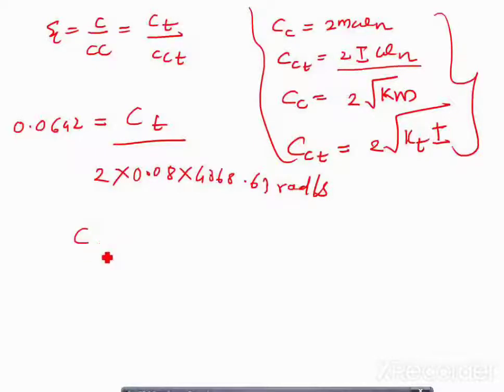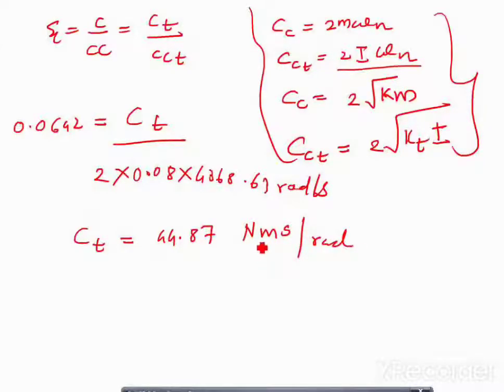So from this I am getting the second answer, the damping torque at unit velocity Ct, which is 44.87. The unit is Newton meter seconds per radian.